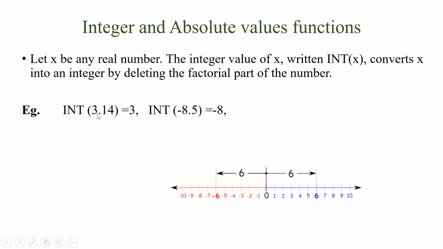So if you pass the real number 3.14, it will cancel the fraction part and return 3. And the integer part of minus 8.5 will return minus 8. So the 0.5 fraction part will be removed.